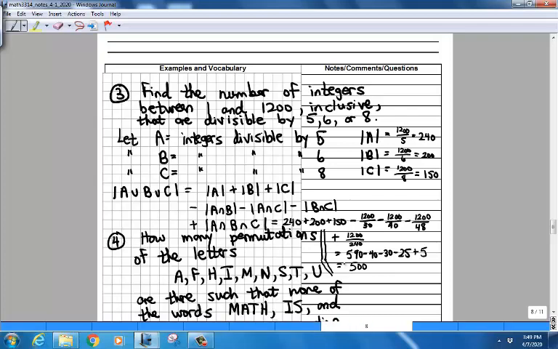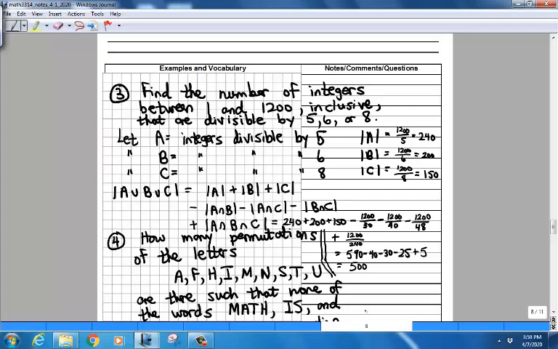Nice. So there are exactly 500 numbers between 1 and 1200 that are divisible by 5 or 6 or 8. That's a pretty straightforward problem, right?